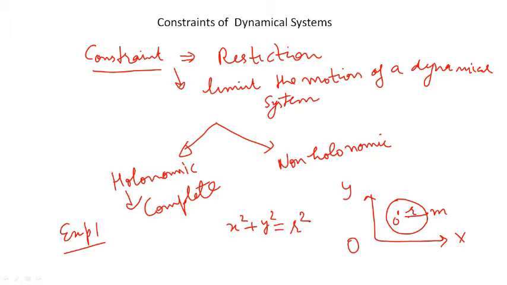So here you also know that the degree of freedom is 1. r is constant, and either x is the dependent coordinate or y is the dependent coordinate. So there is only one independent coordinate, so your degree of freedom is 1. The constraint in equation form is x square plus y square is equal to r square.